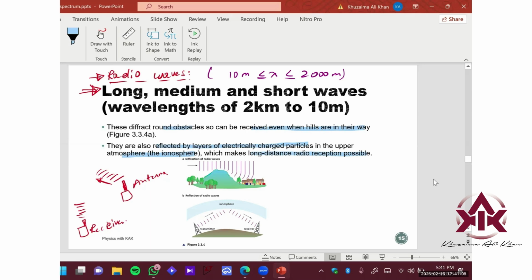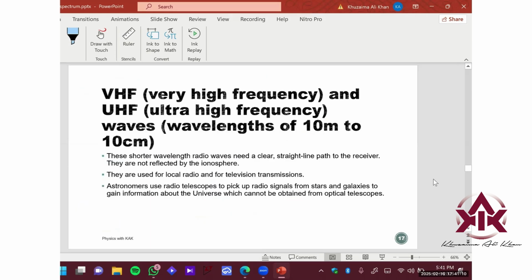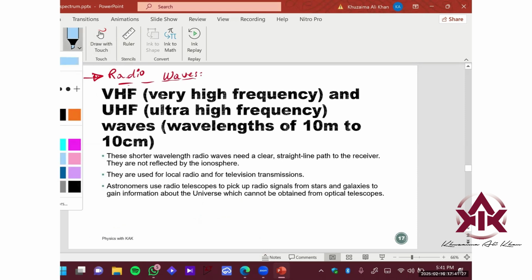Okay. So let's continue with the last type of radio wave. We're continuing radio waves here. Just to be specific, I'm writing down the heading here. The first, these two types are basically interesting.